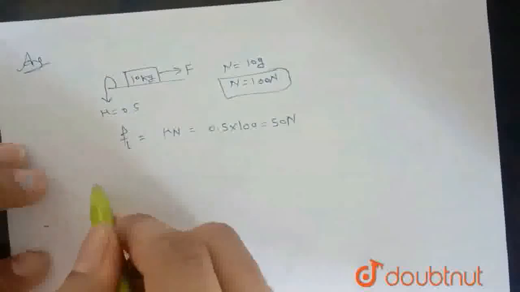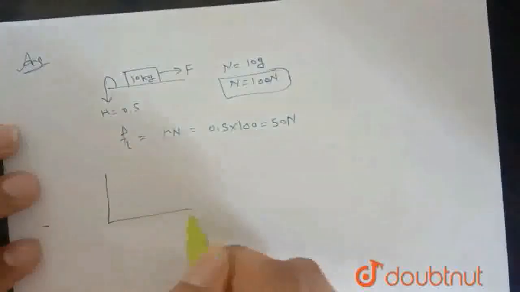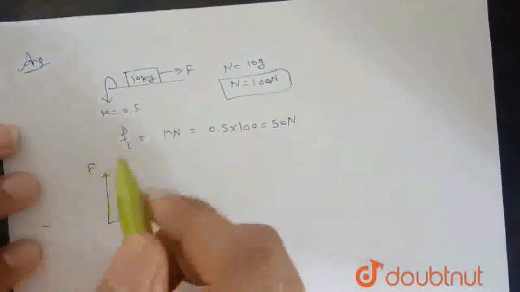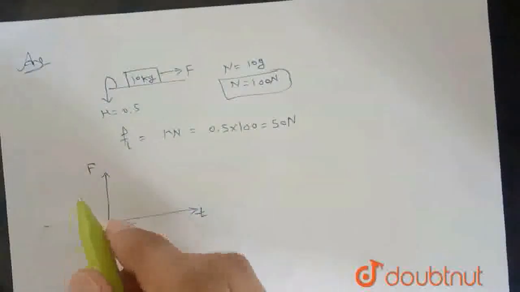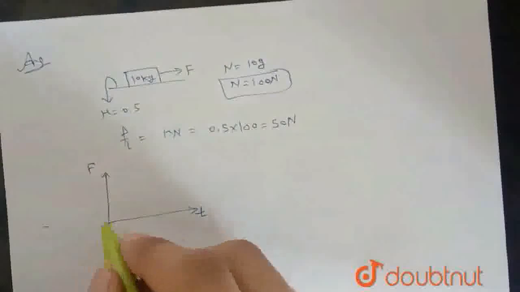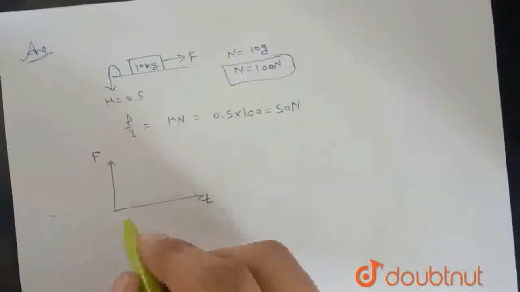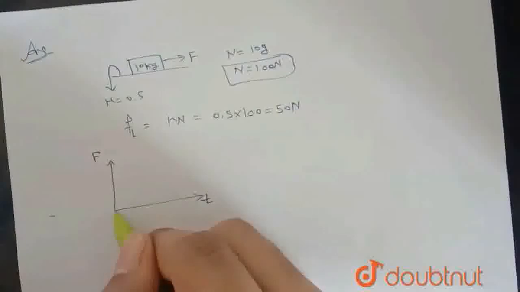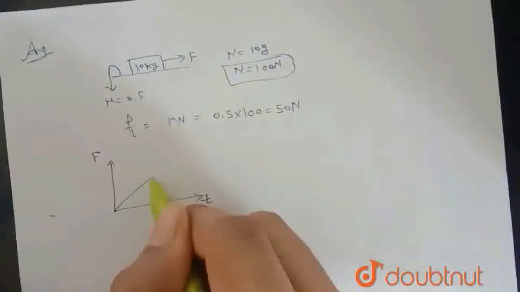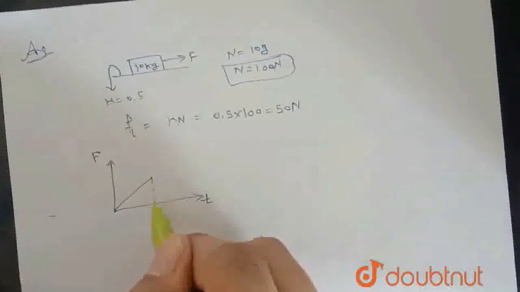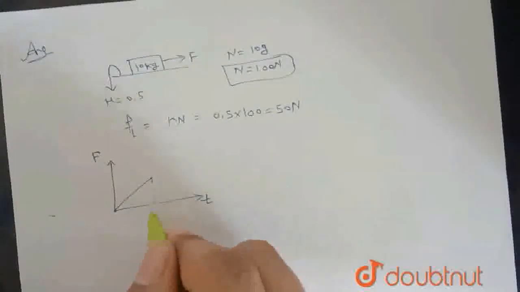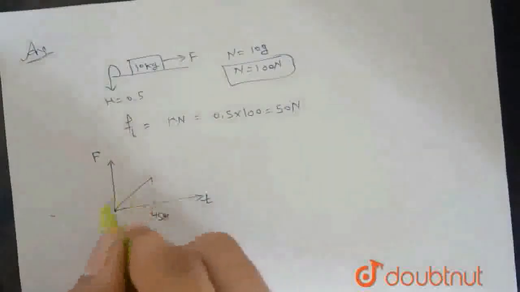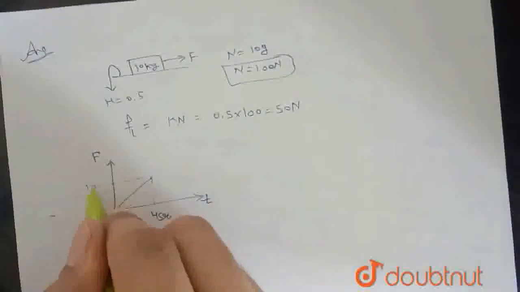Now we will make a graph between linear force and time. As given in the question, force is increased from 0 to 100 Newton linearly in 4 seconds, so it will be 4 seconds and it will be 100 Newton.